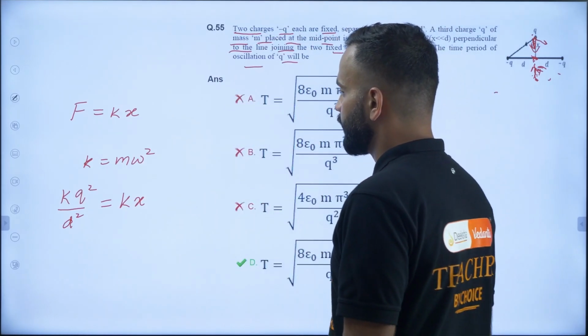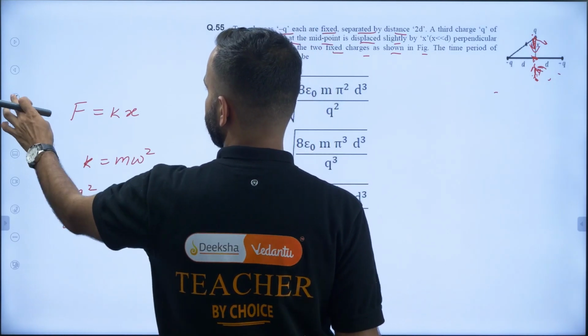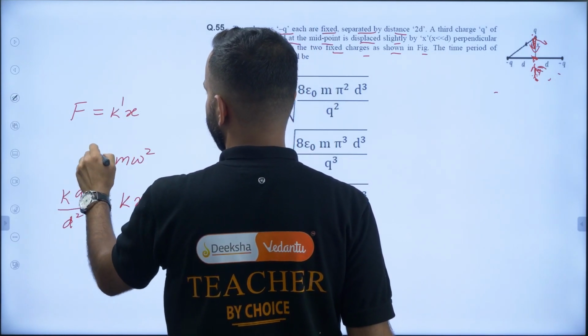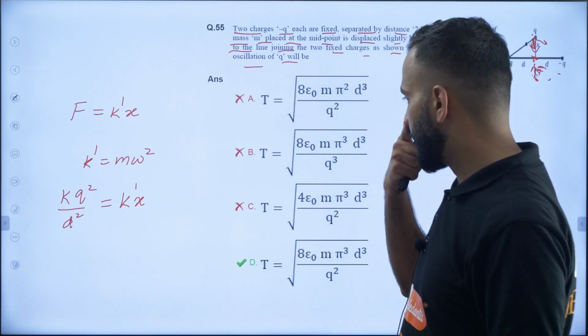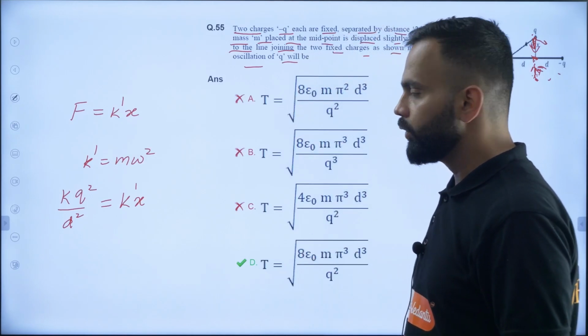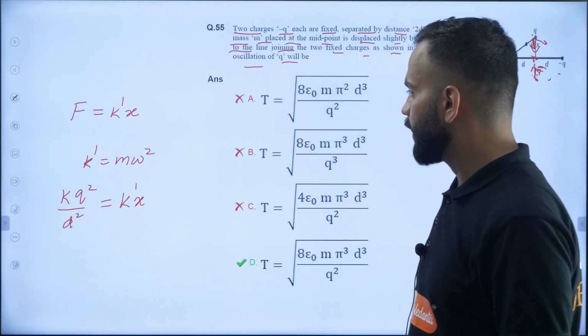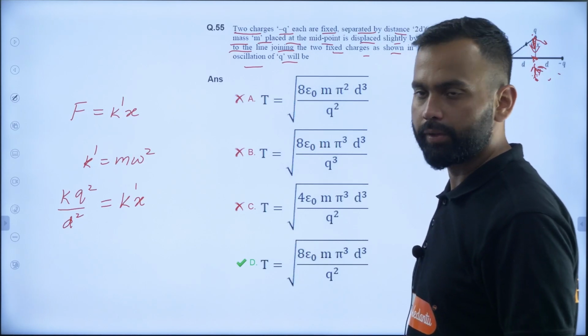I will call this k dash. So K q square divided by d square is equal to k dash into x.